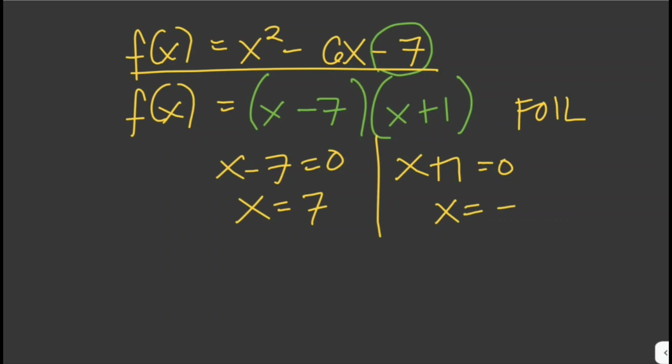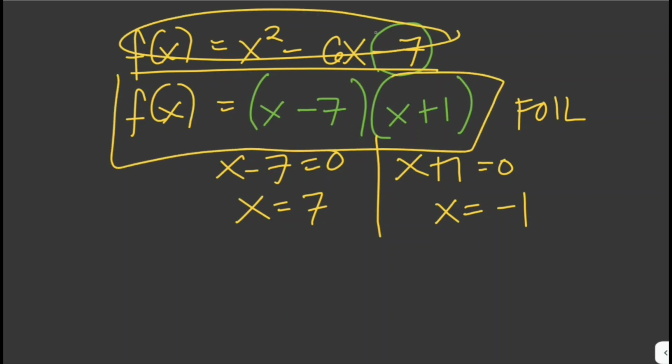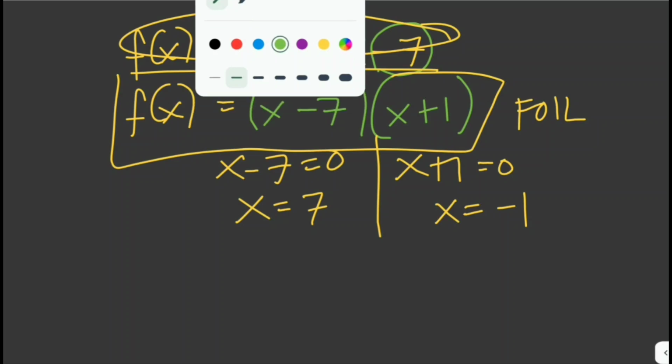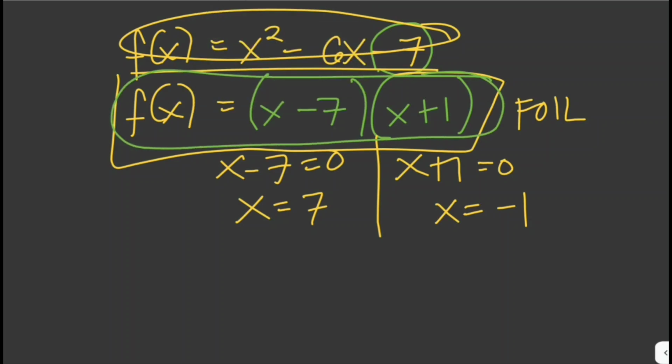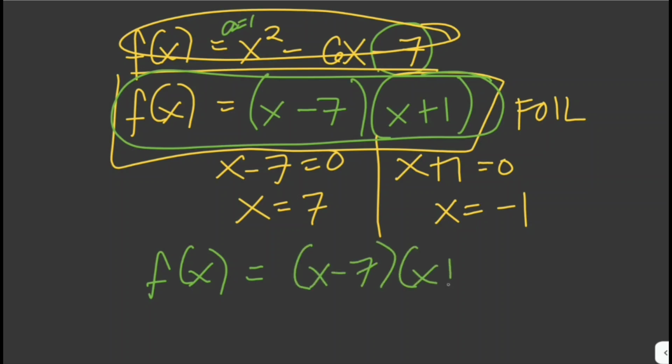So the x-intercepts are positive 7 and negative 1. So basically, the intercept form of this equation is x minus 7, because the value of a here is equal to 1. So that would be f of x equals 1 times x minus 7 times x plus 1.